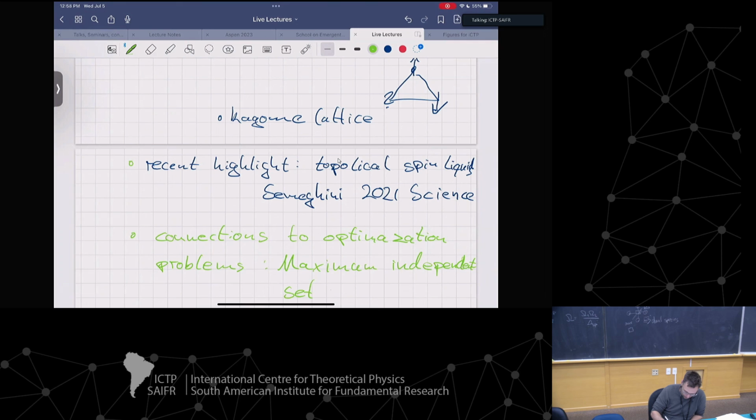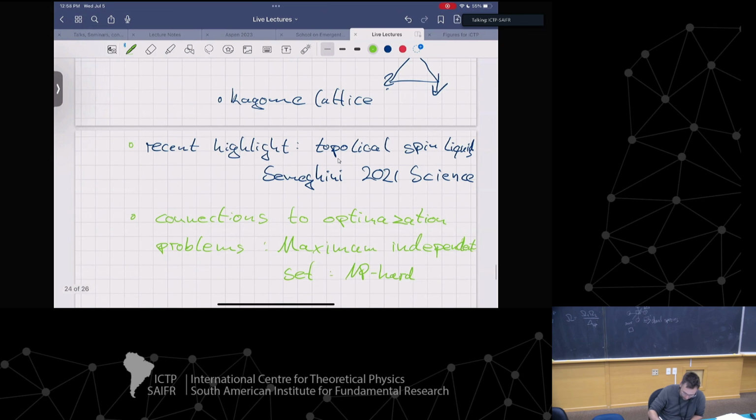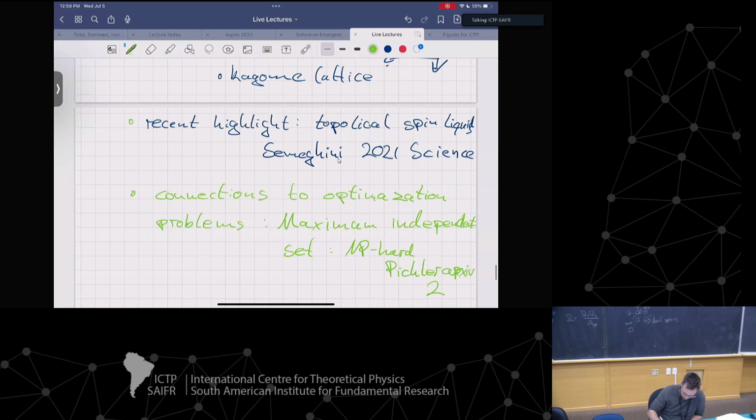This is an NP-hard problem, and this is very nicely analyzed by Hannes Pichler in a paper that I think is still just on the arXiv, 2018.